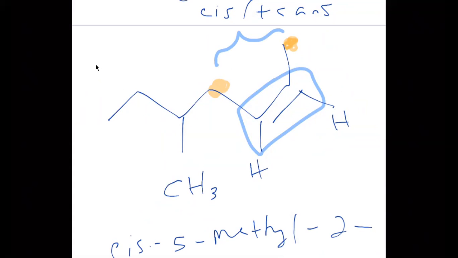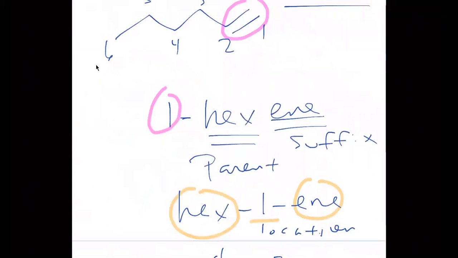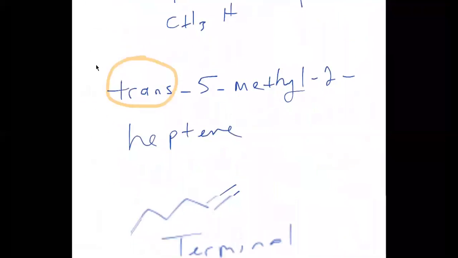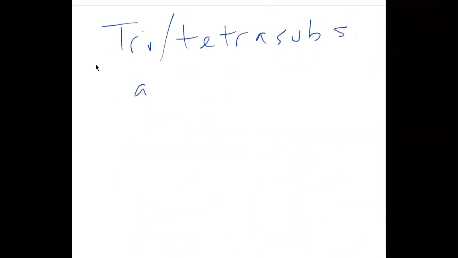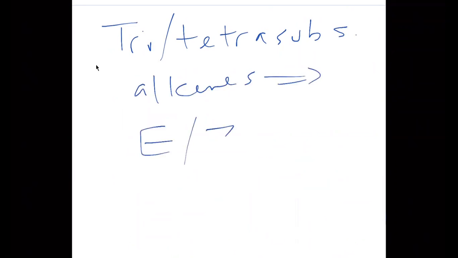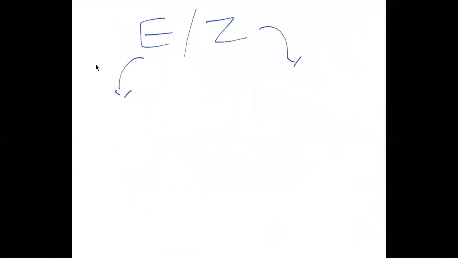So let's look at, let me see. Yeah, we talked about that. I guess let me introduce an E and Z example because that's part of the stereochemistry too. So for tri and tetra substituted, right, you use E or Z. These letters are shorthand for German words.